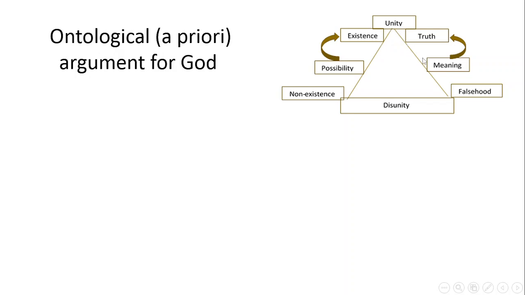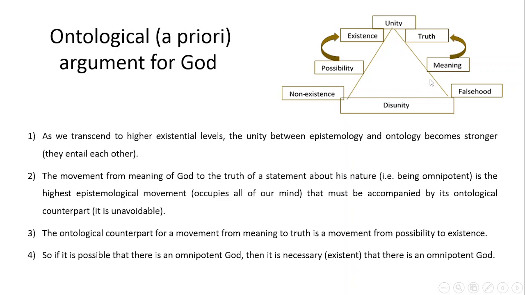So an argument for this would be: Premise 1. As we transcend to higher existential levels, the unity between epistemology and ontology becomes stronger. They entail each other. Premise 2. The movement from meaning of God to the truth of a statement about his nature, like being omnipotent, is the highest epistemological movement, occupies all of our mind.